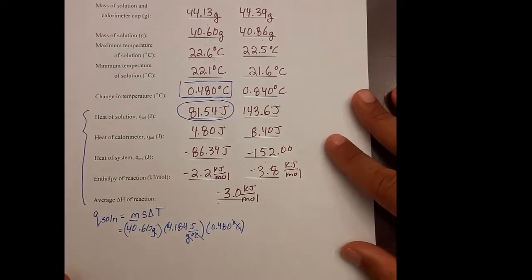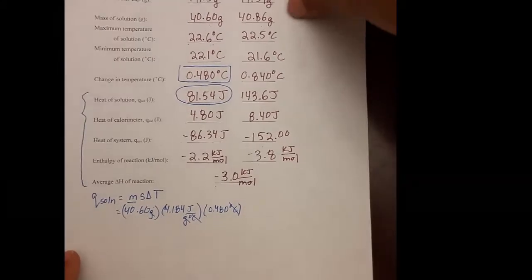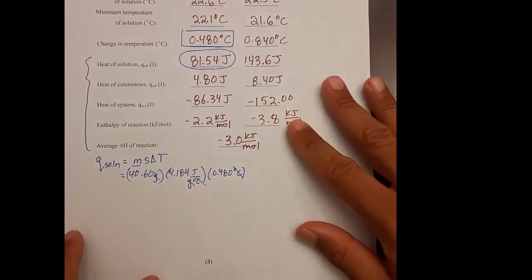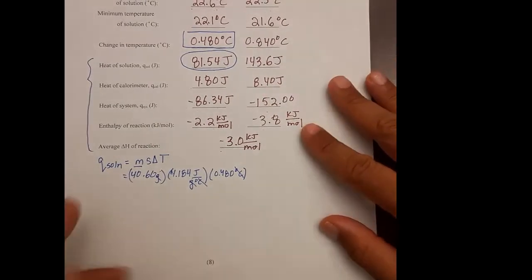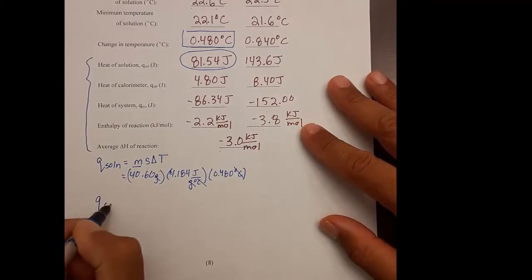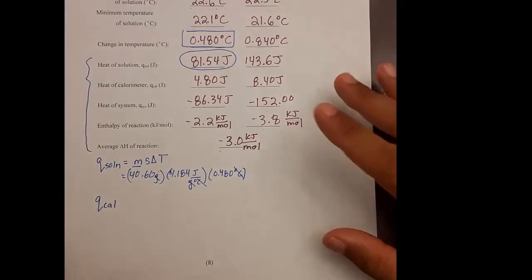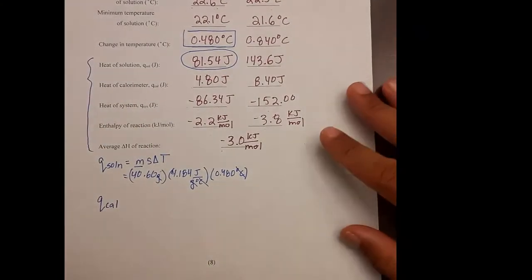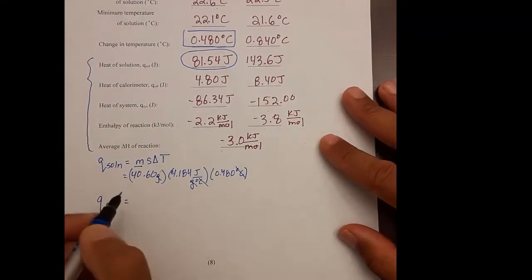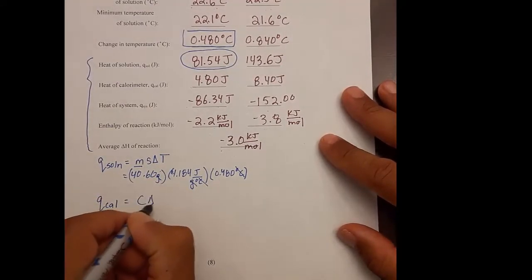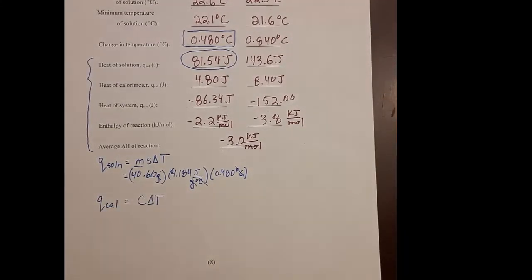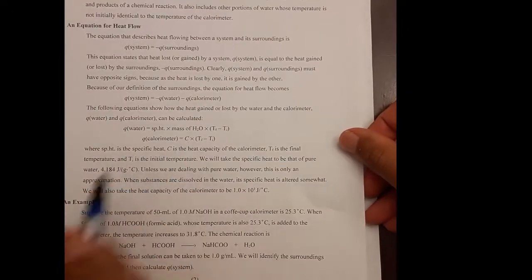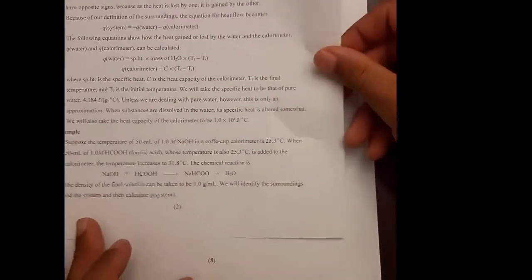Now don't forget, for those of you that did the lab, when you do this reaction, heat is not only released to the solution, but also to the actual calorimeter apparatus. That's the styrofoam cups and the container in which the styrofoam cup is housed. Qcal is going to be C times delta T. This C is what we call our heat capacity, and that's given to us as a constant.